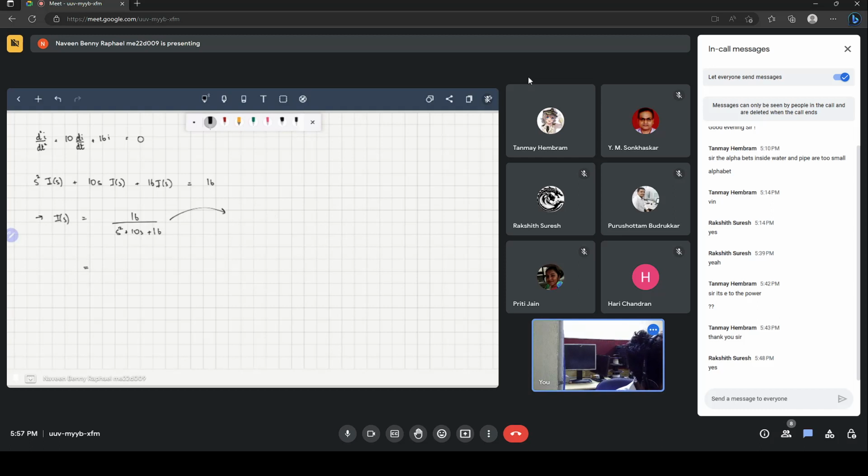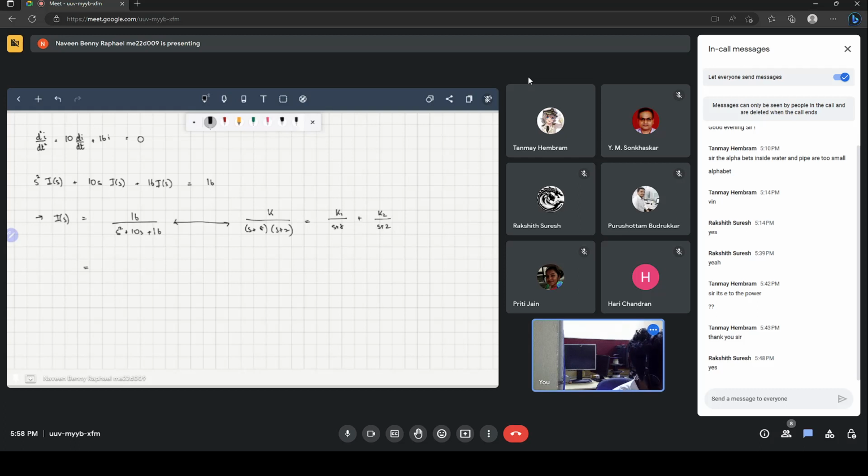We know the denominator is s plus 8 into s plus 2, and this is equal to k1 by s plus 8 plus k2 by s plus 2. This is the premise of partial fraction decomposition. That is, if you can factorize the denominator, you can write the rational function as a sum of terms with the factors as denominators.